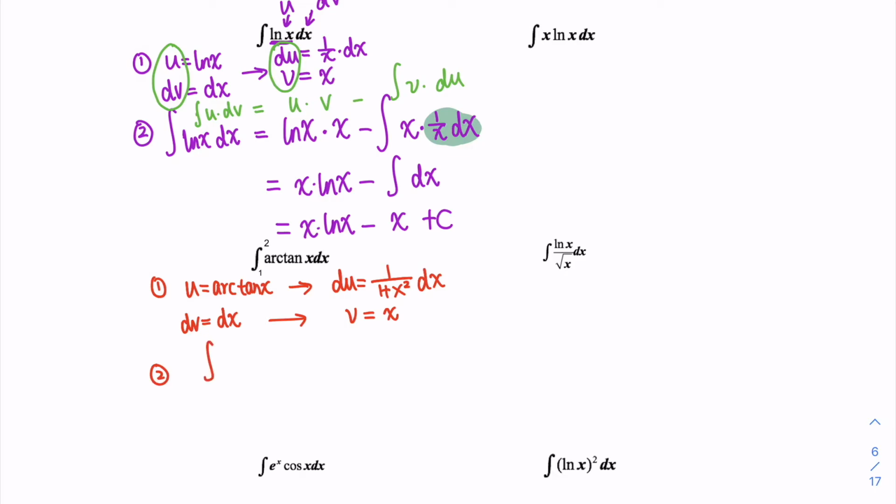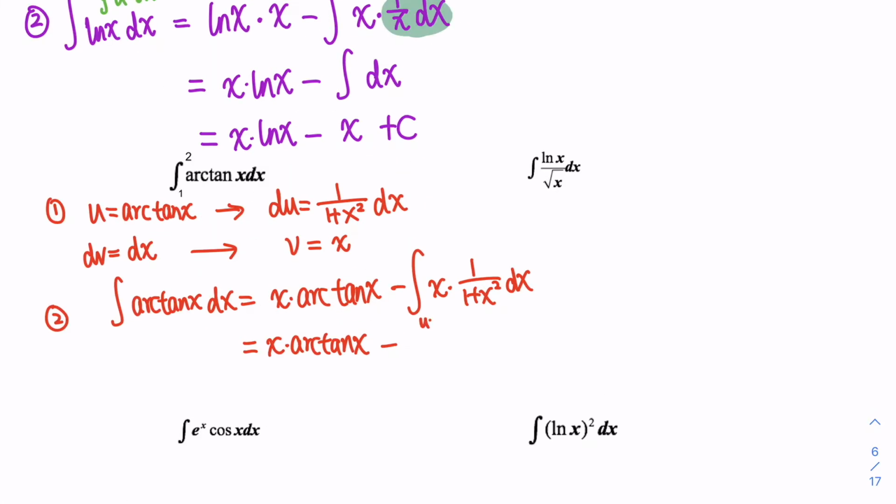I will ignore the boundaries first. The integral of arctangent of x dx will be u times v, which is x times arctangent of x, minus the integral of v times du, 1 over 1 plus x squared dx. This will be x arctangent of x minus, and for this part we are going to use u substitution. u will be 1 plus x squared, so du will be 2x dx. After we define this, this will be 1 over 2 du over u.